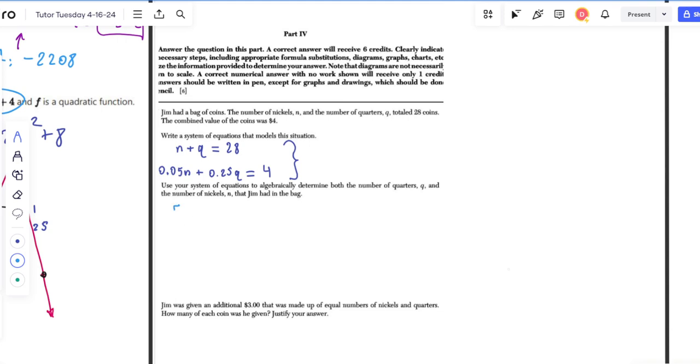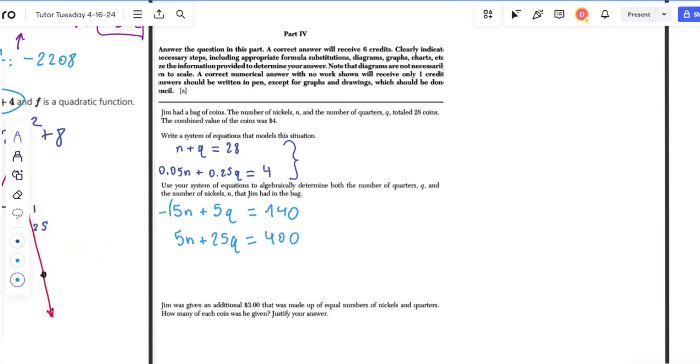So let's say 5n plus 5q equals 28 times 5, 140. Multiplying the bottom one by 100 gives us 5n plus 25q equals 400.